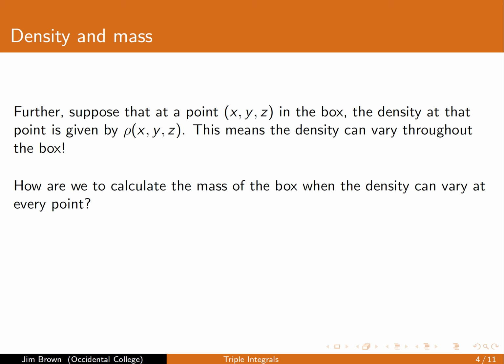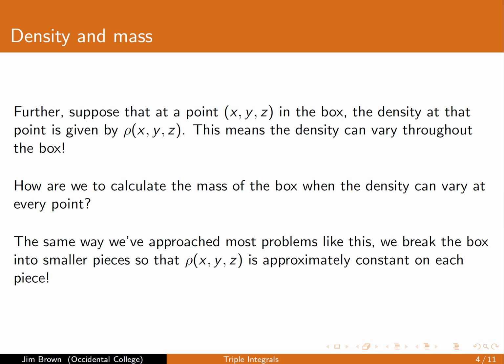So for the line integral, we broke the curve up into small pieces so we could say the force was approximately constant on each piece. And similarly for the flux, we broke the surface up into small pieces of surface where we could assume the velocity of the fluid was about constant on each piece. So we want to do the same thing here. We're going to break that box into smaller pieces so that the density is approximately constant on each of the pieces.